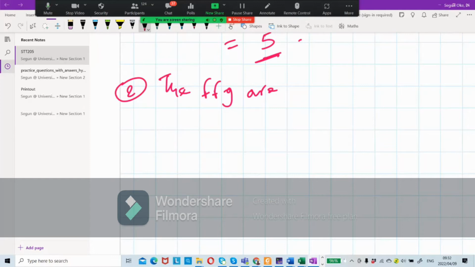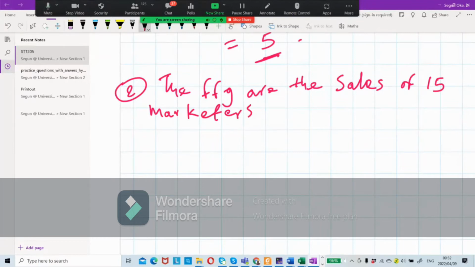Then we want to see the following, because I'm just doing a kind of summary. Are the sales of 15 marketers in a bank.